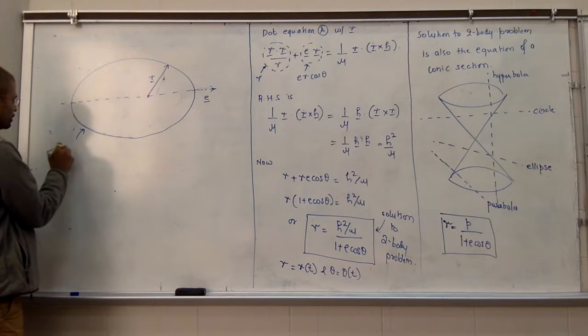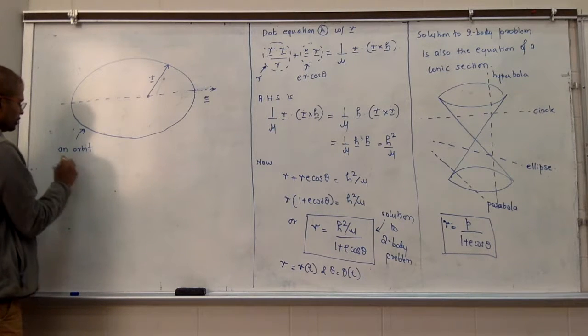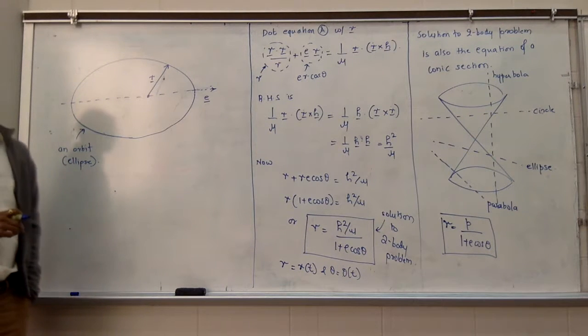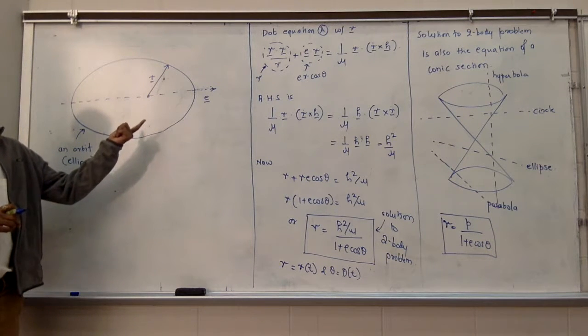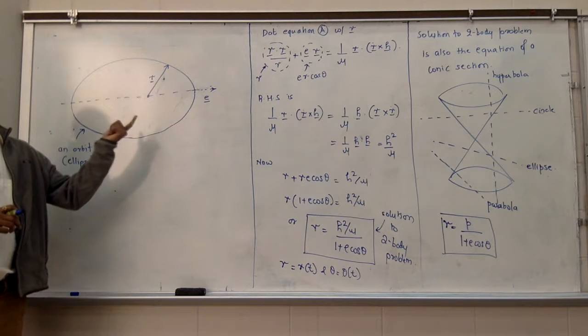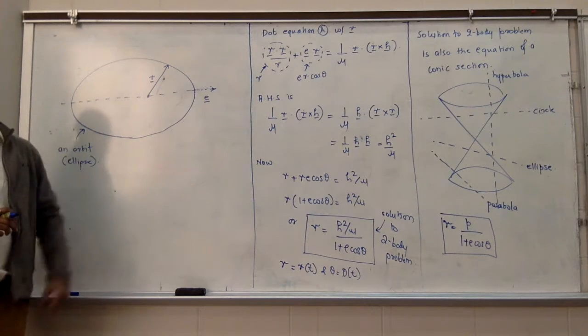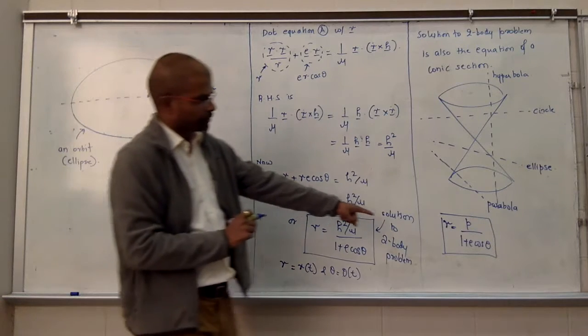This is an orbit, and it could simply be an ellipse, in the sense that it could be a geometrical figure. What is the equation of an ellipse?